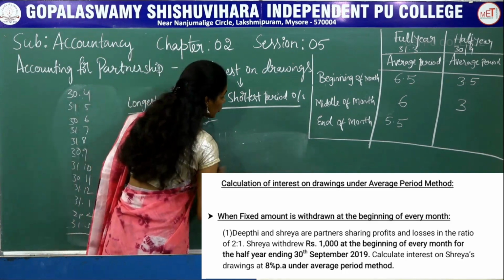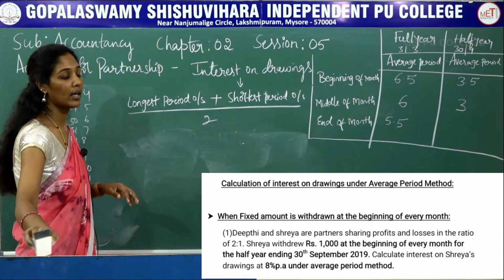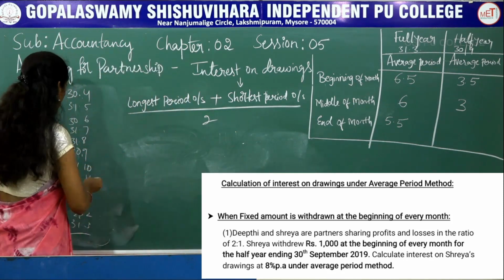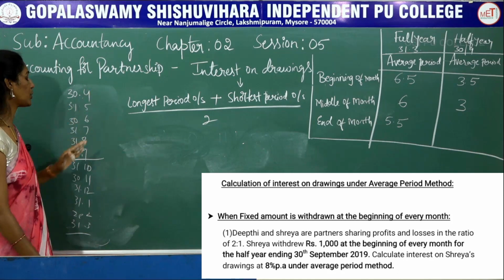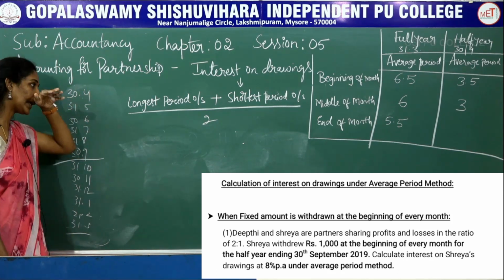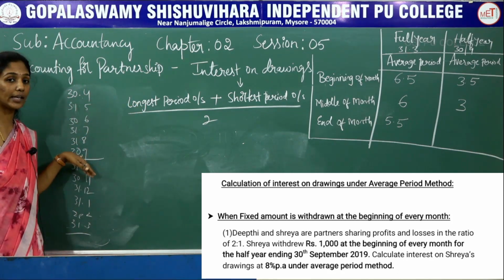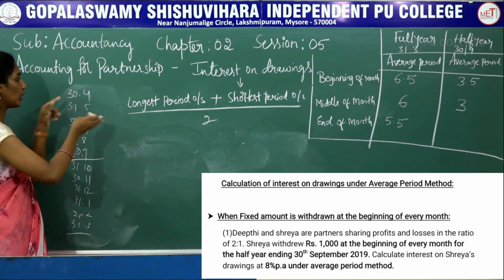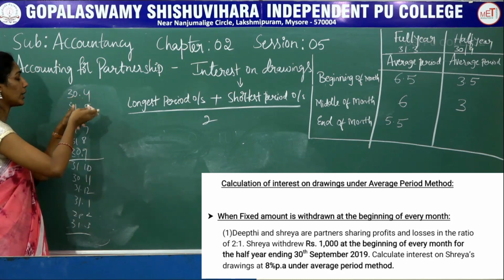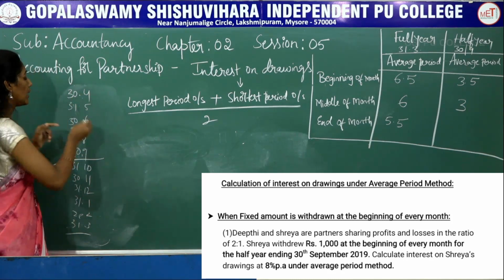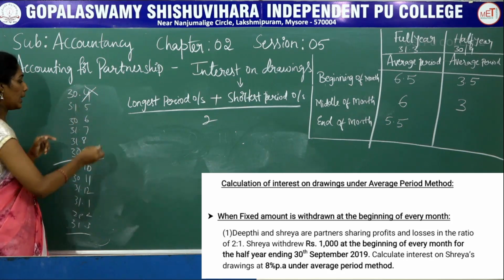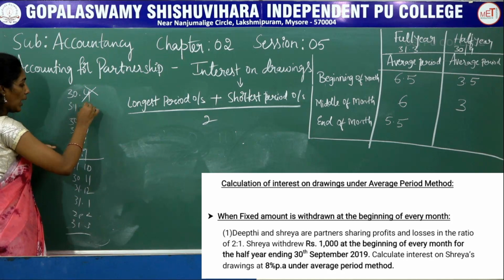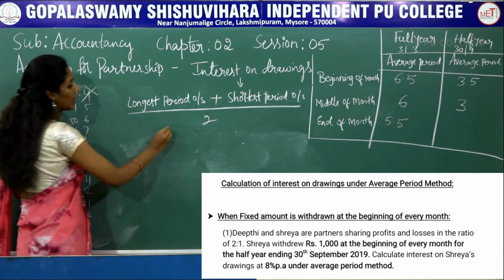If the books of accounts are closed on September, or half yearly, then you have to find out the longest period till 30th September. So then you have to exclude the first month because he has withdrawn on the last day of the April month. So you should exclude the April month. Then start counting from the next month, May, 1, 2, 3, 4, 5.